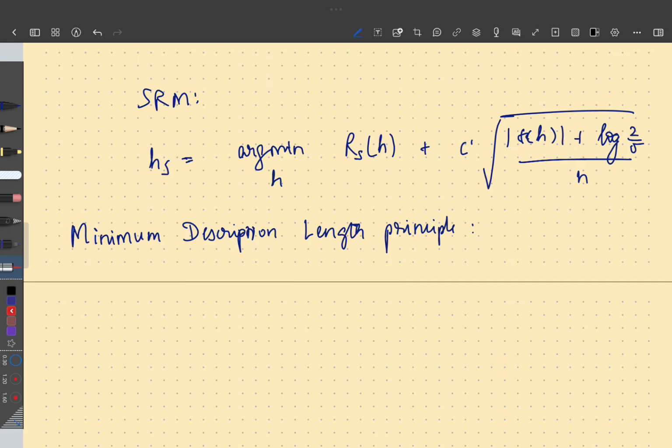How does this step work in practice? Which one? SRM. Again, it's not very easy to implement SRM in practice. In general, again, remember that all of this that we are doing is binary classification with 0-1 loss, right? In general, 0-1 loss is not amenable to many of the techniques that are commonly used in practice.